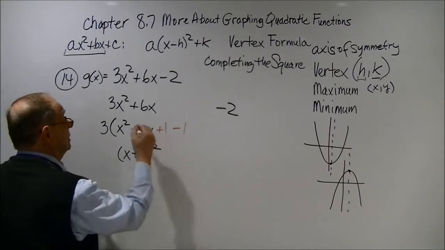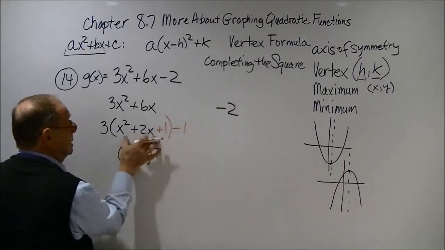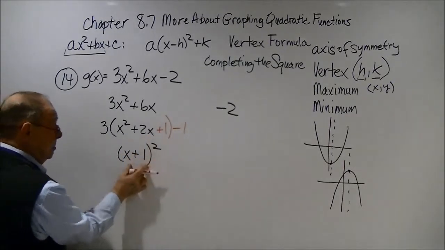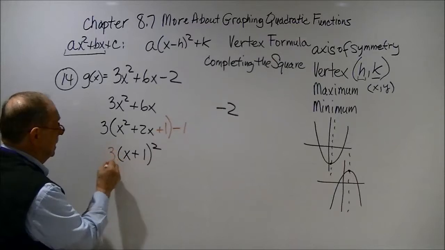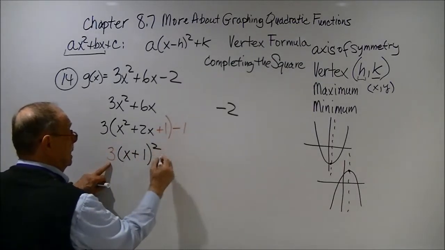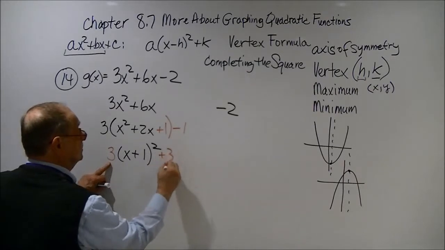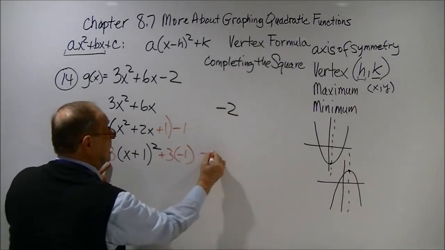And now what I'm going to do is factor this trinomial to get my binomial that's squared. And keep in mind the 3 is still there. And now I have to take this 3 and apply it out here as well. And now I can bring down my -2.